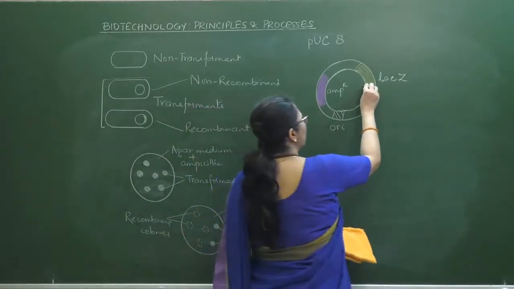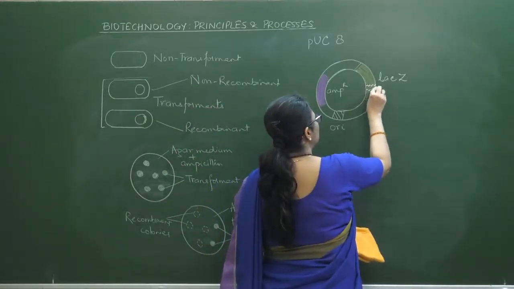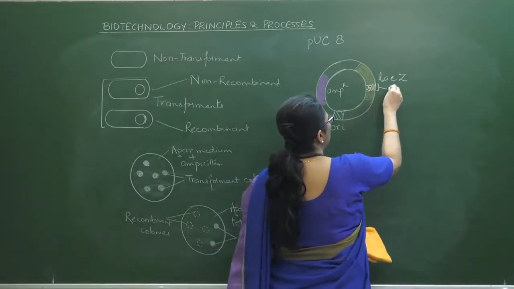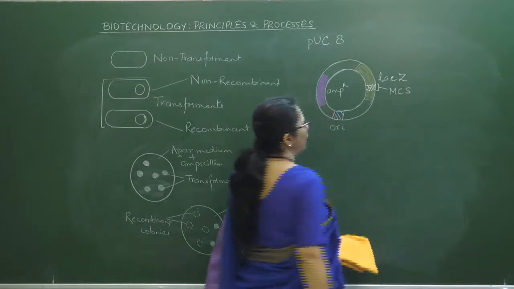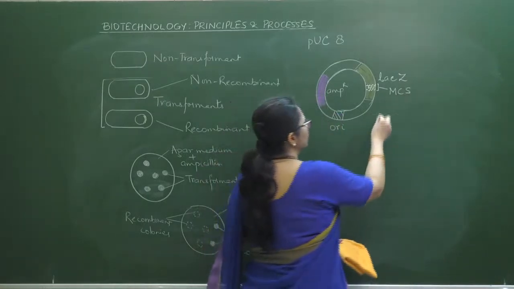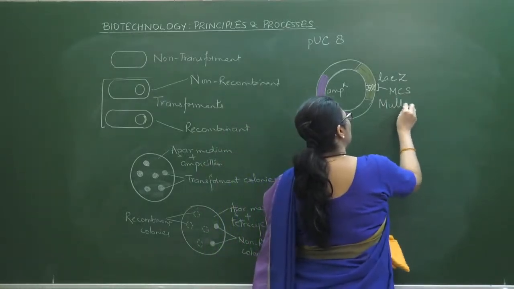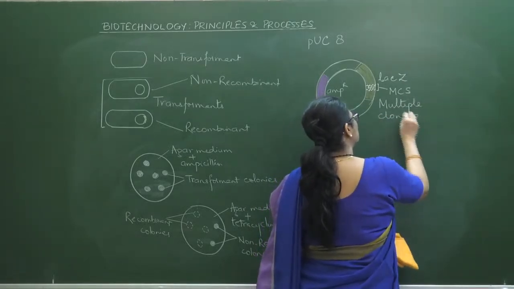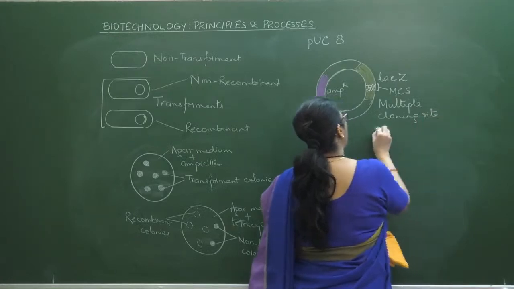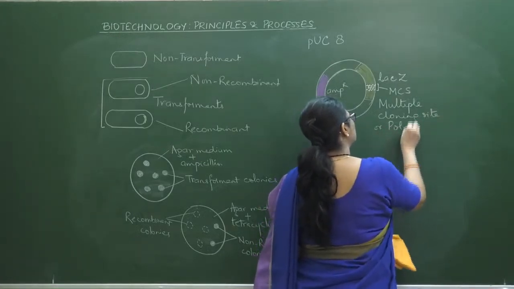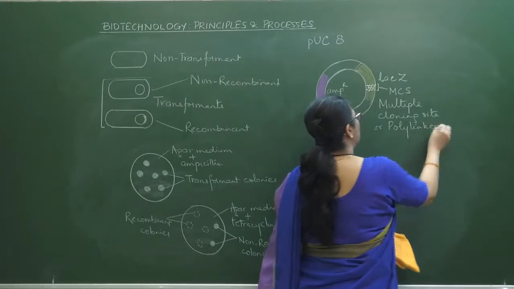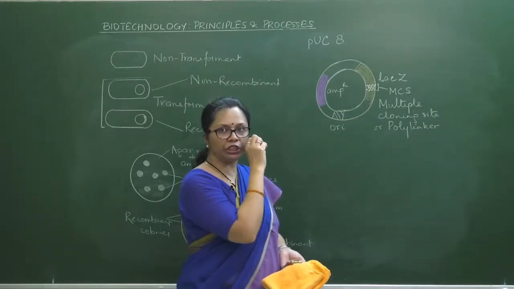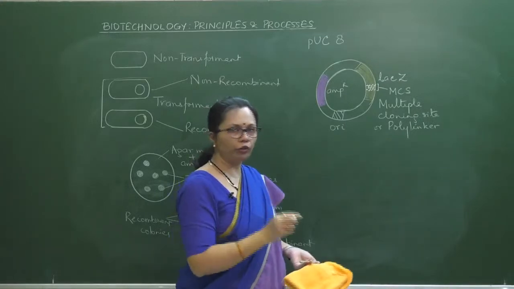And within this lacZ there is a region which is called MCS. MCS, that is multiple cloning site, or polylinker. Now within this small site there are a huge number of restriction sites.